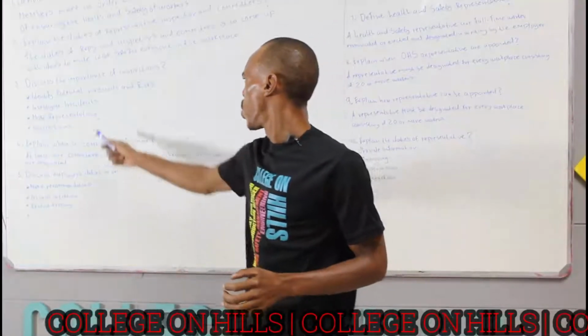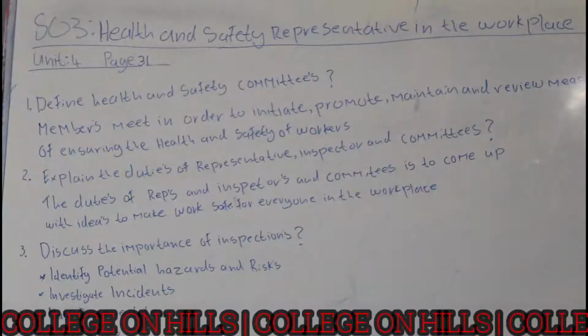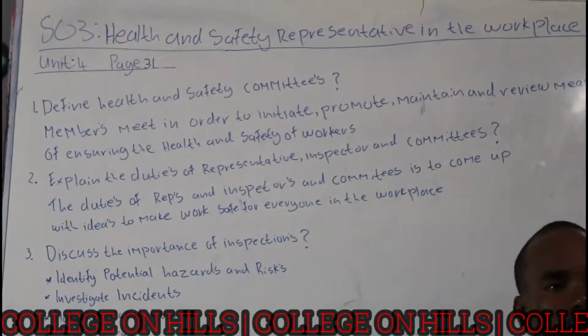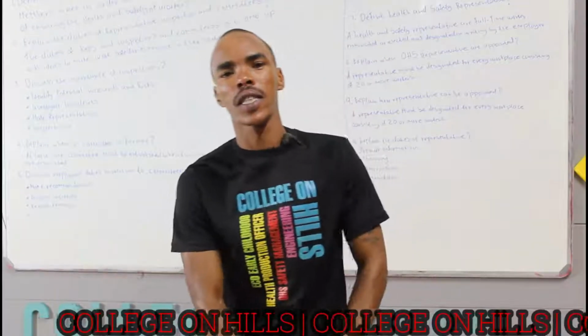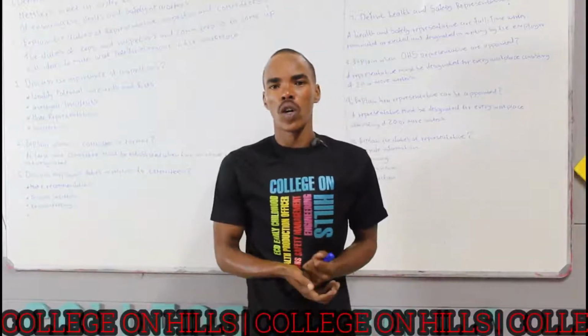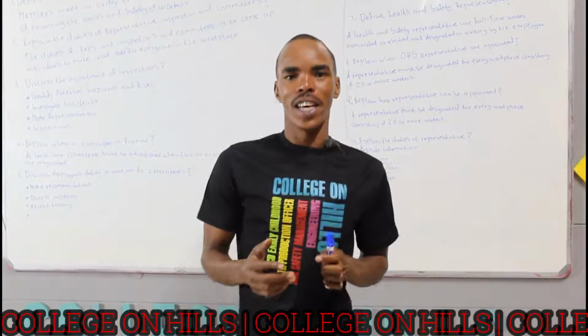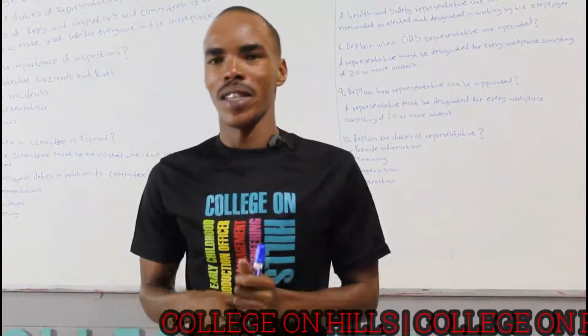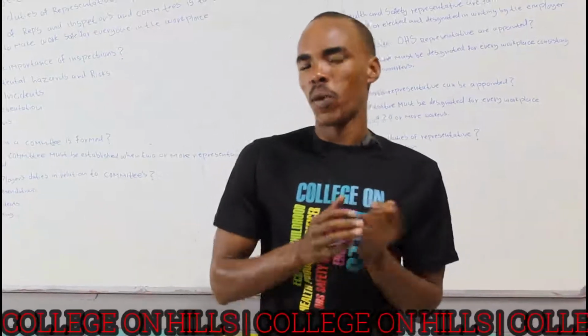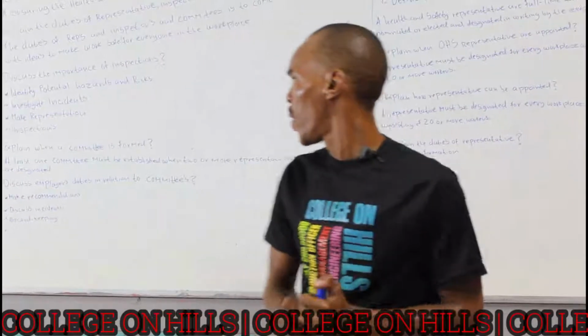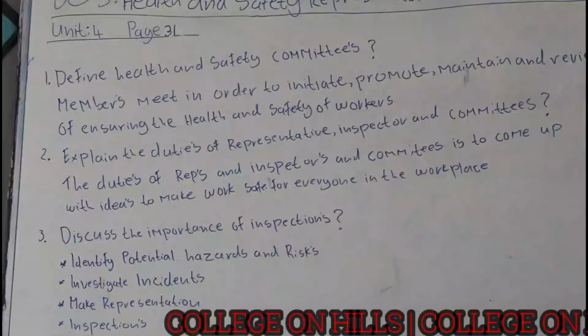And number 2, investigate incidents. It is very important to know how to investigate incidents in a workplace, because we must know how to investigate, and then after investigating, we identify and eliminate potential hazards in our workplace. And then make presentations.